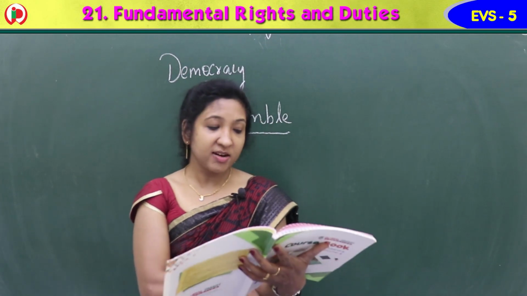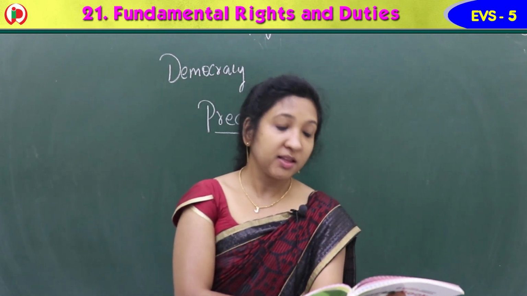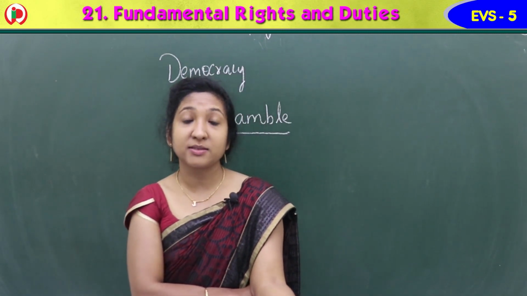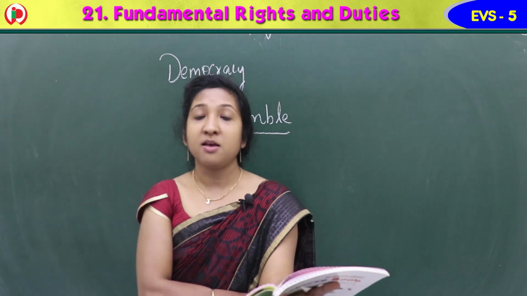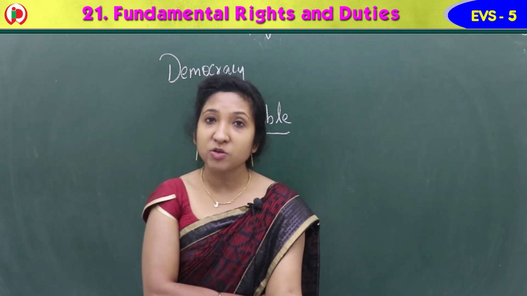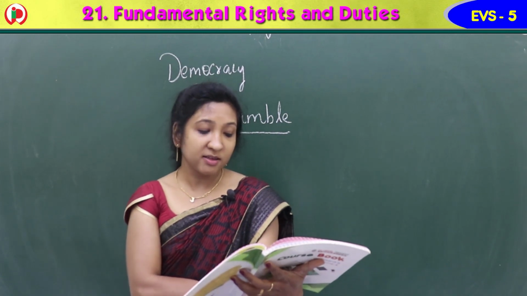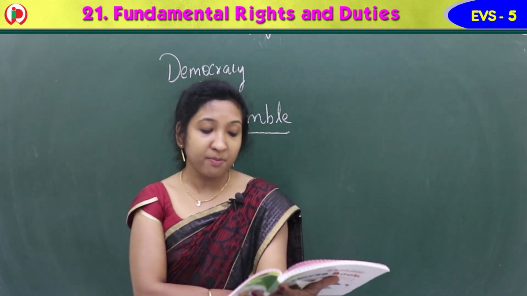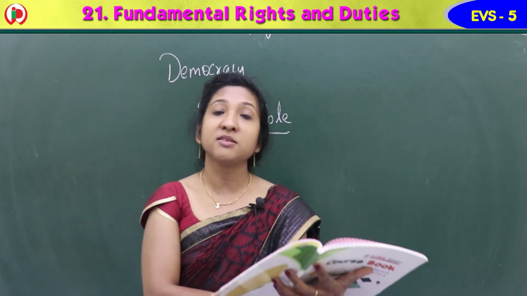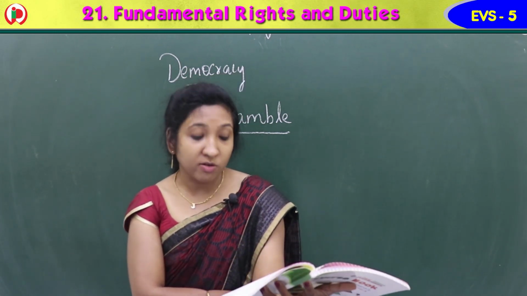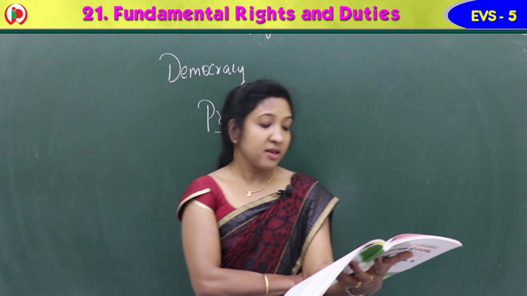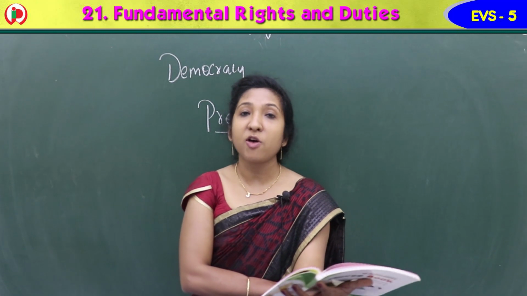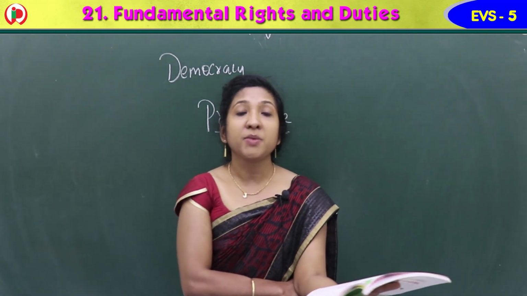Yes children, so we were learning about the preamble, isn't it? It is a statement, a set of core values for the nation. Its meaning is that the people of India have sincerely taken a sound decision to constitute India into a sovereign, socialist, secular, democratic republic, and to make safe all the people of India.